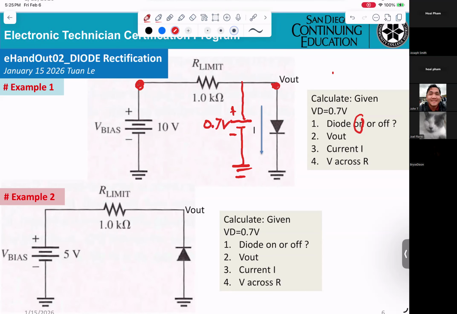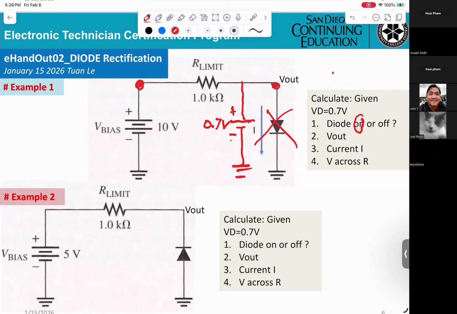Okay? Now, what does V out equal now? Forget this guy. Now deal with the battery, 0.7 volt, with the positive and the negative.